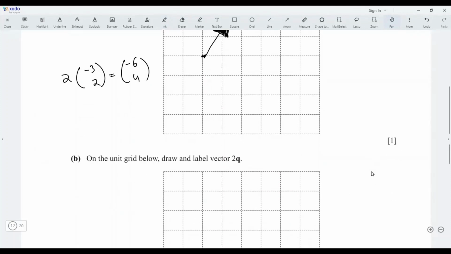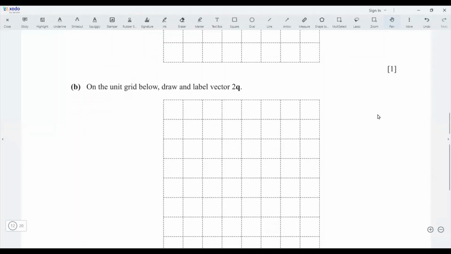-6 means shifting 6 units leftwards. Starting from here, 1, 2, 3, 4, 5, and 6. Starting here and shifting here, and moving 4 units upwards because there is a positive change in y-axis.